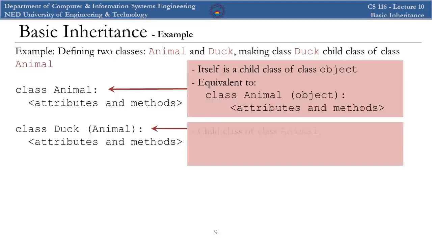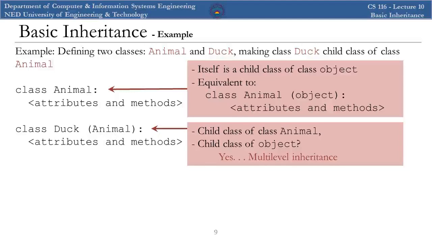Now, what about this child class duck? It is inheriting from this class animal, so it is a child of this class animal, or you can say duck is an animal, right? What about object? Does this class duck inherit from base class object as well? The answer is yes, because here we have multi-level inheritance.